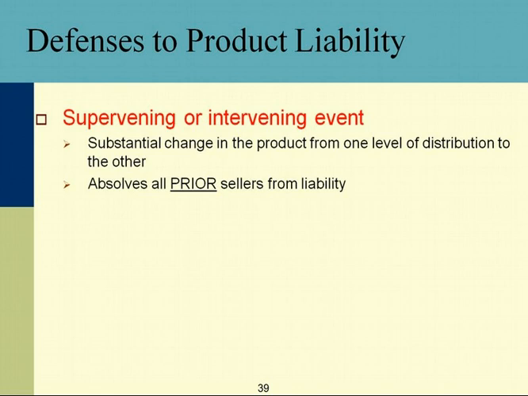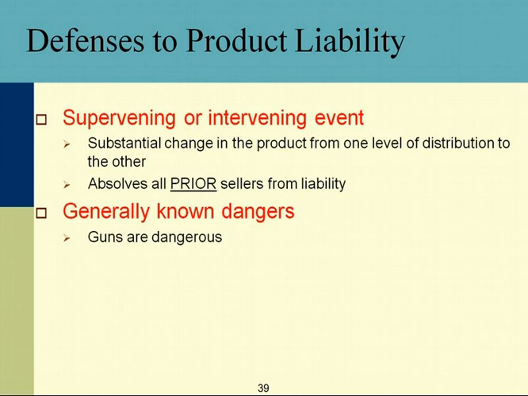Home Depot would be liable, but everyone prior would not be liable because they were not responsible for the change that had been made. But anyone that accepts the product and then sells it down the distribution chain will be held strictly liable.